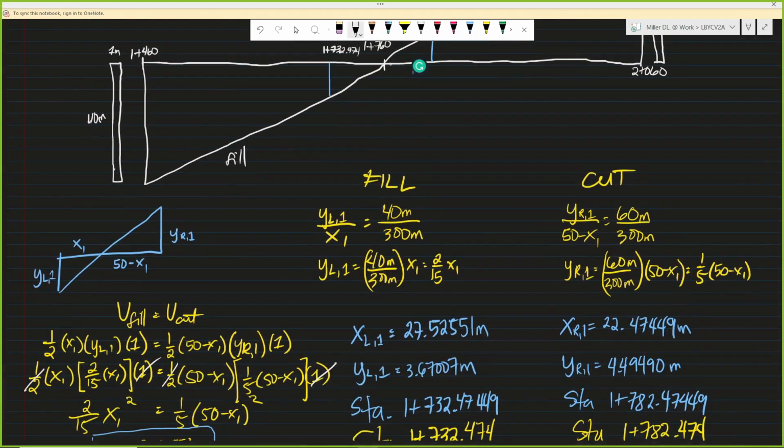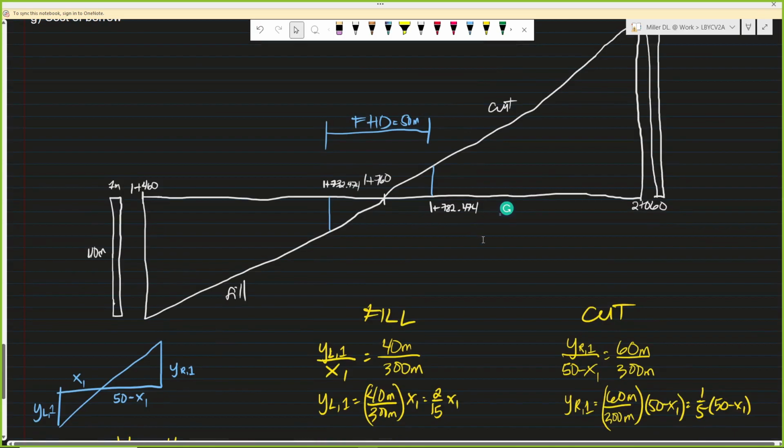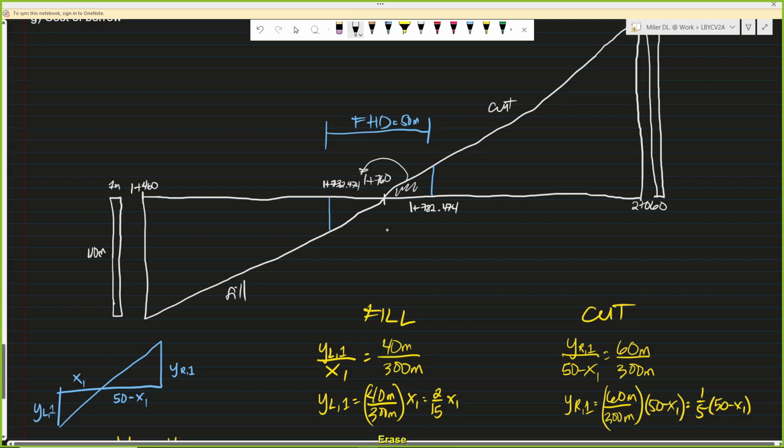Then, lastly, dito naman sa kabilang side, this is 1 plus 782.474. Okay. Okay? So basically, at within that range, libre. So yung excavation natin dito, papunta dito, would be considered as libre. Okay?